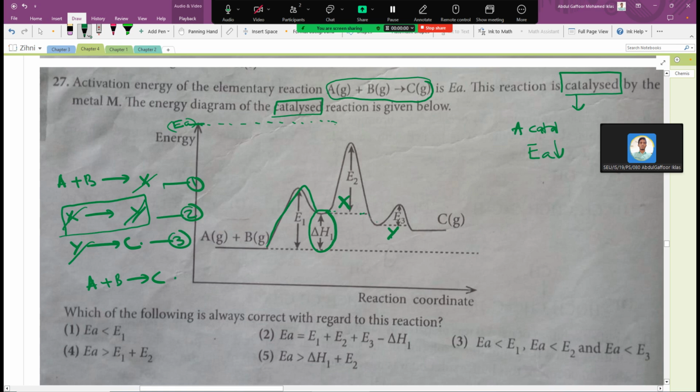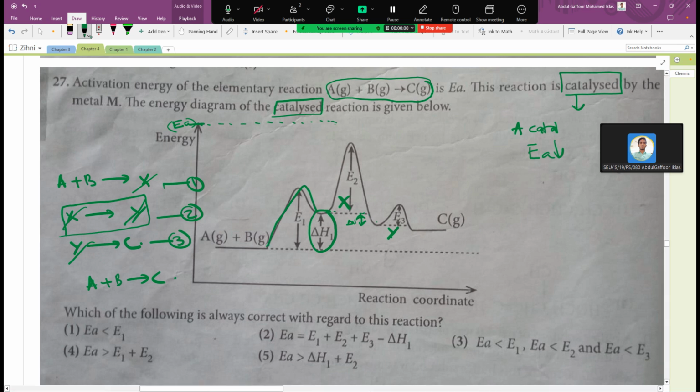And if this is delta H2, then E2 plus delta H2 is the activation energy for the second reaction. Then E3 is the activation energy for the third reaction.